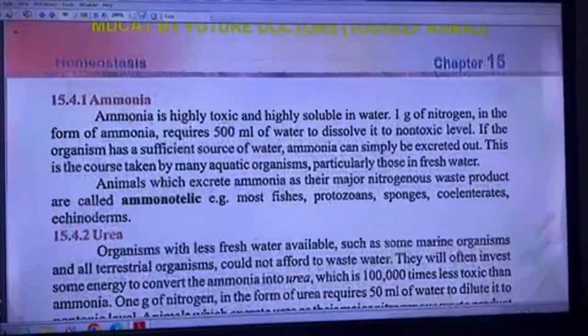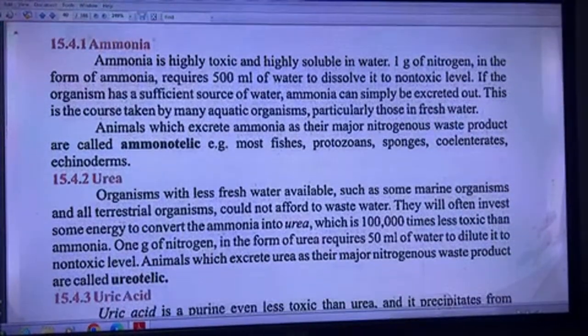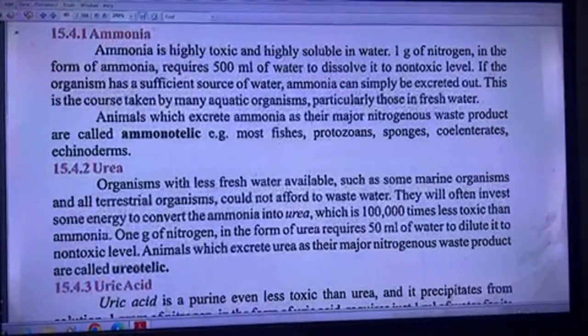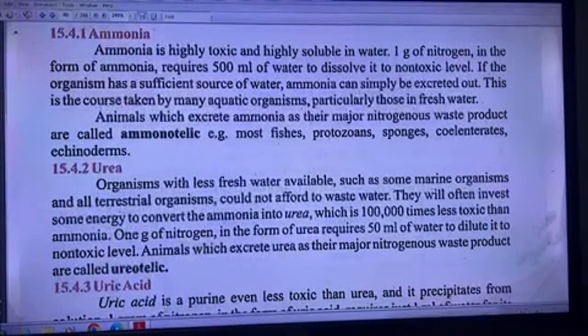Ammonia. Ammonia is highly toxic and highly soluble in water. 1 gram of nitrogen in the form of ammonia requires 500 ml of water to dilute it to a non-toxic level. If the organism has a sufficient source of water, ammonia can simply be excreted out.